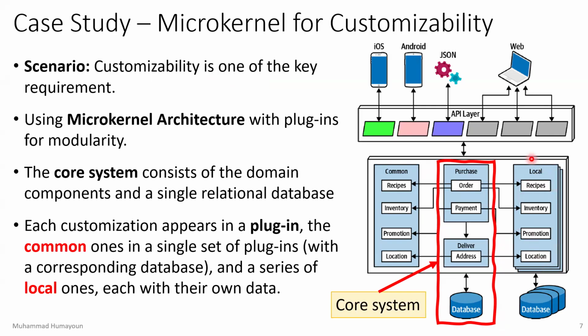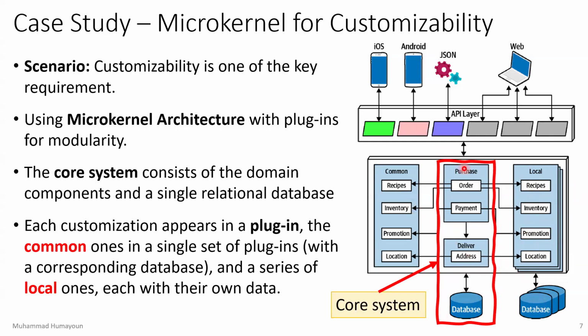They can be added separately as plugins. In the microkernel architectural style, you have one main database connected to your core application, and all these local plugins that you add later on can have their own small local databases.